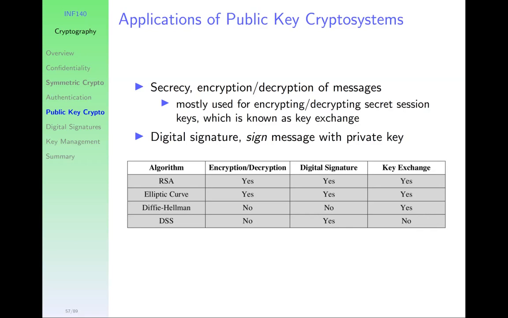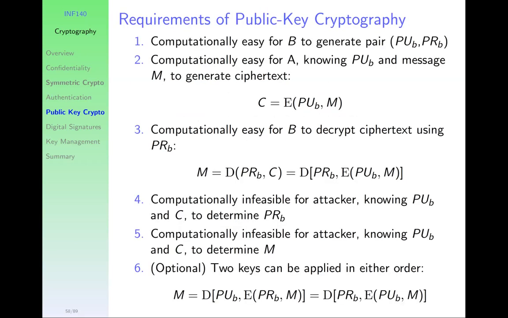There are two ways of using public key cryptosystems. And here is a requirement of public key cryptography. The first three are about the performance of public key cryptography. We would like to have efficient computation in key generation, so we can easily generate the public key and the private key.